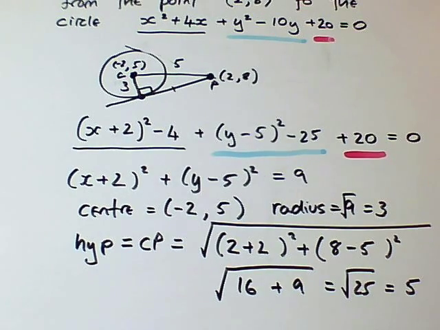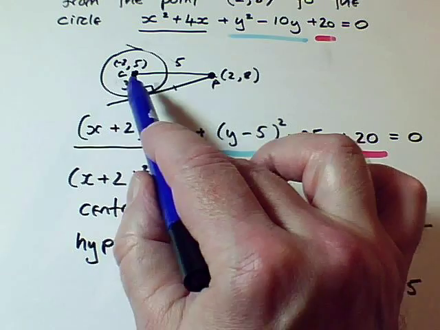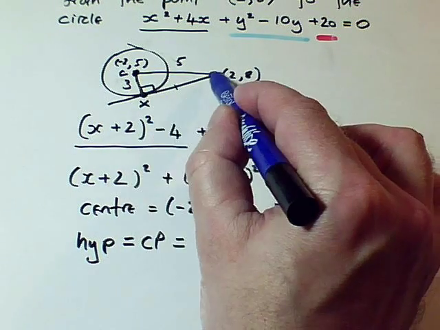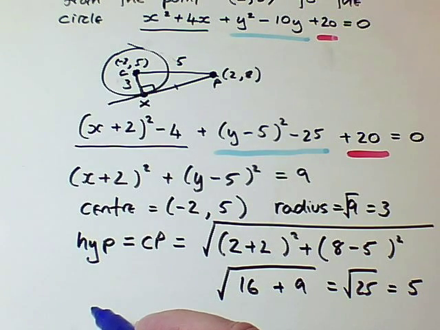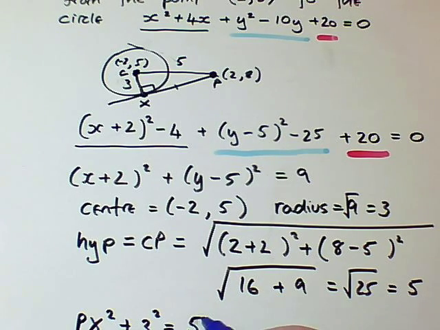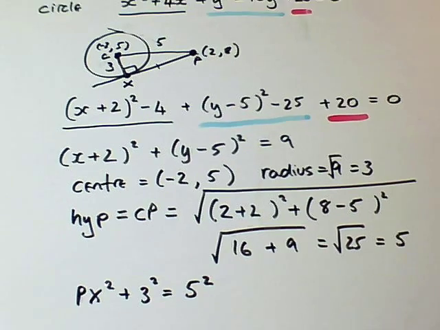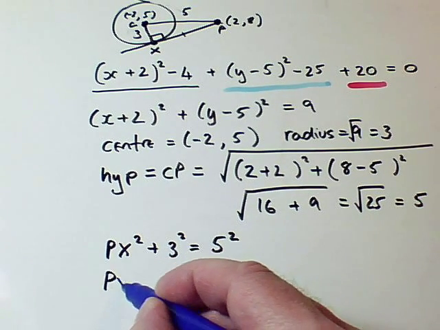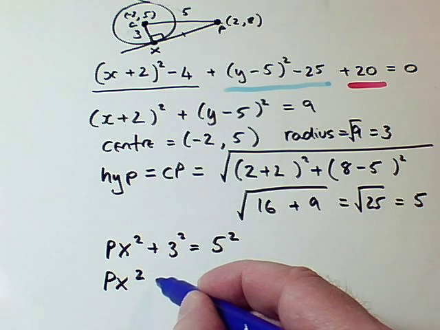So my hypotenuse of the right angle triangle is 5. This is going to work out lovely. So I've now got a right angle triangle, and the distance, if I call this point X, I want the length PX. So in the right angle triangle, PX squared plus 3 squared is going to equal my 5 squared. Now, you probably recognise these numbers, but let's show you the full method, just in case you couldn't just write down the answer to PX.